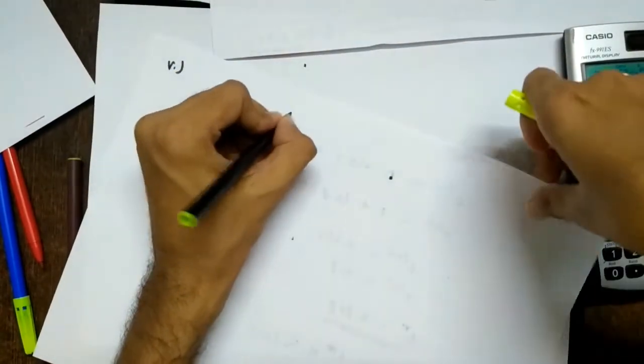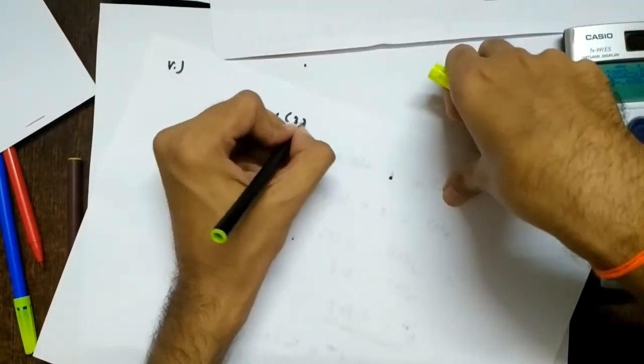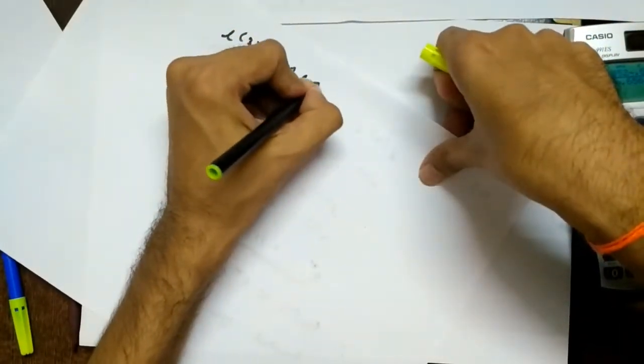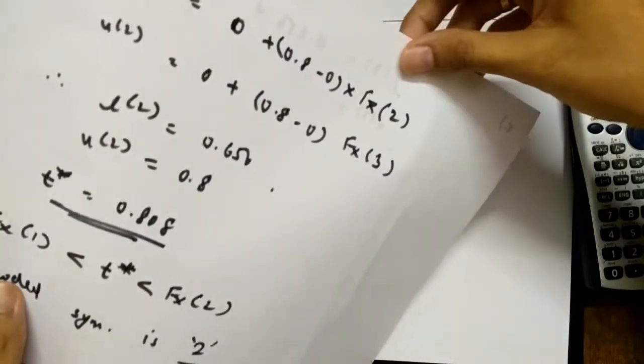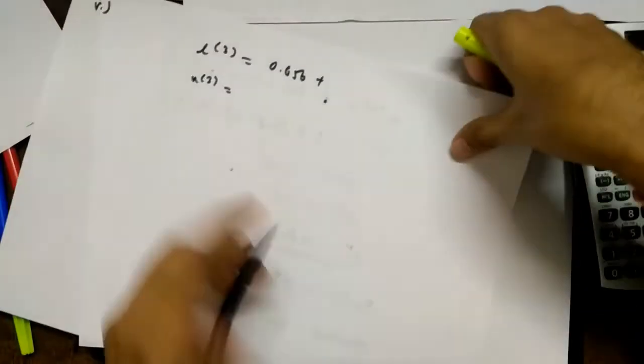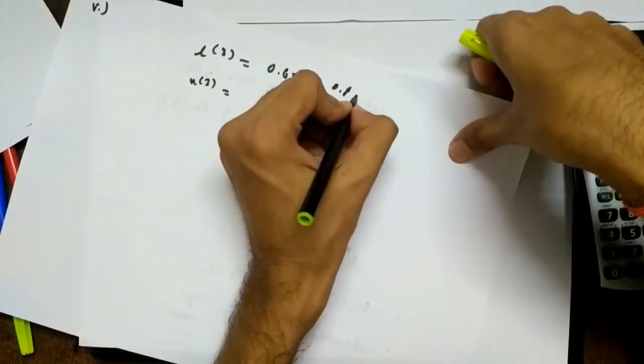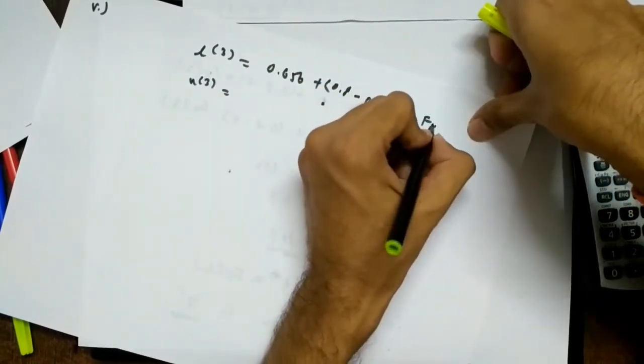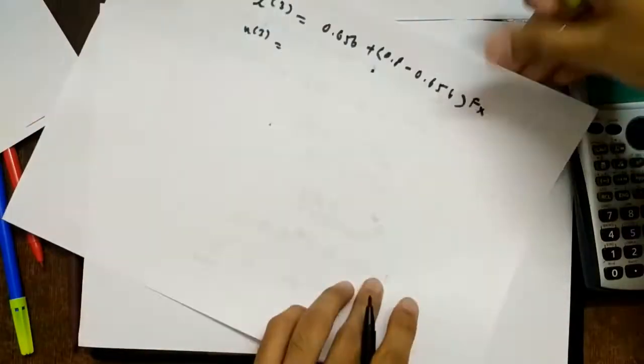So finally, last update equation, it will be L of 3 and U of 3. So L of 3 is, L of 2 is what now? 0.656. So 0.656 plus U of 2 is 0.8, plus 0.8 minus 0.656 into fx of, what will it be?